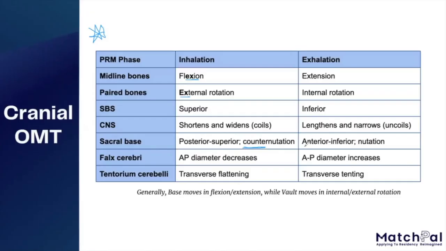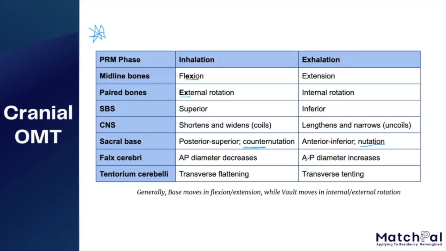And during exhalation, the sacral base will become more anterior inferior, or nutate, nodding forward. The falx cerebri: during inhalation, the anterior posterior diameter will decrease, while during exhalation, the anterior posterior diameter will increase. Finally, the tentorium cerebelli will exhibit transverse flattening during inhalation of the PRM and transverse stenting during exhalation.